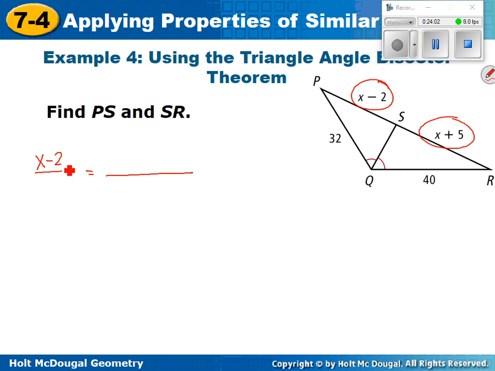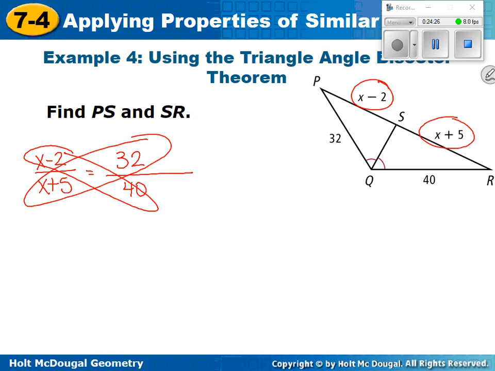X minus 2 over X plus 5 equals 32 over 40. So we're doing part over part, then going back to where we started, that side over that side. Okay? And then again, it's just a cross multiply and solve problem.